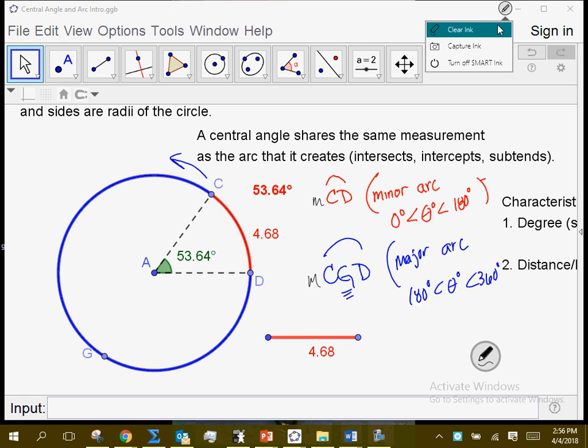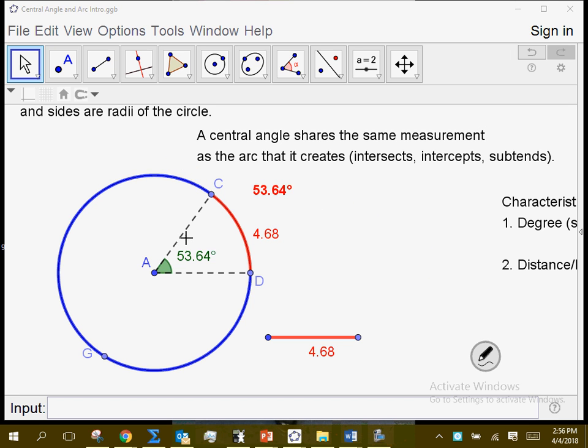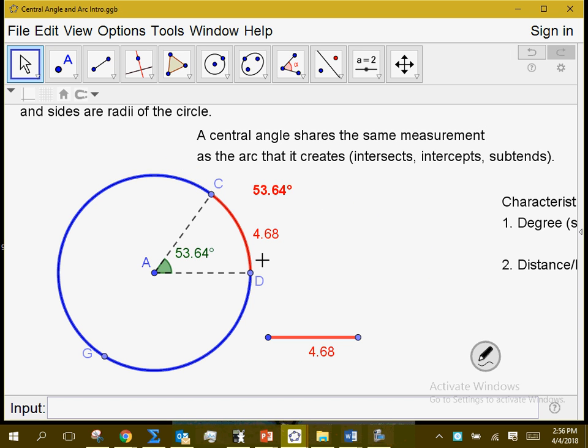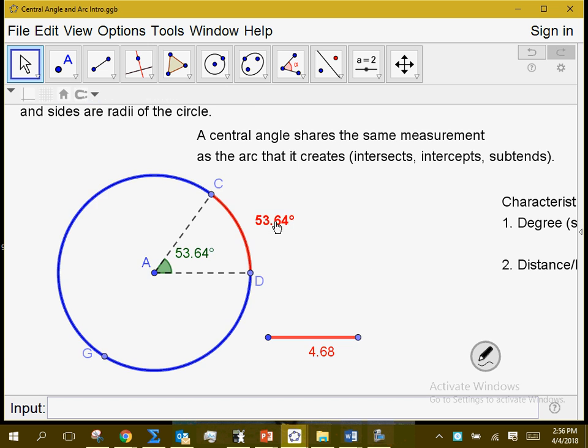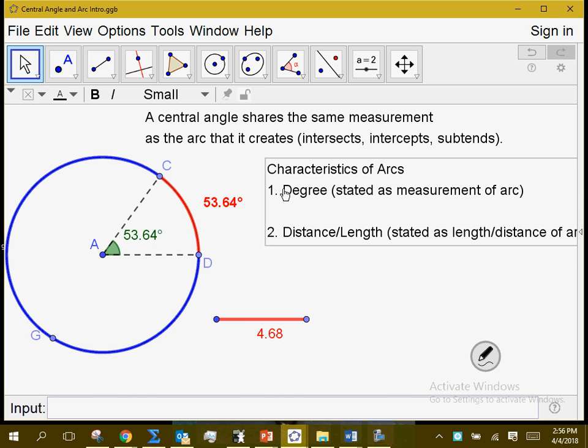When we have a central angle, this central angle, we have an angle of 53.64 degrees, right? Let me hide that number for now. The characteristics of arcs can be described two ways. We can talk about them as their degree, which a lot of times they'll verbalize by saying, what is the measurement of arc CD?